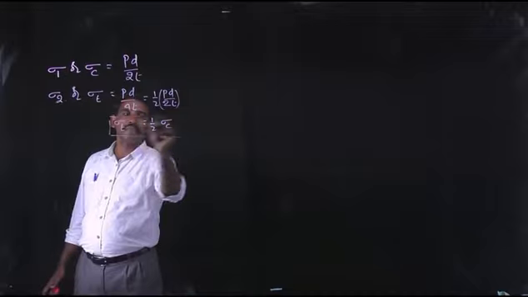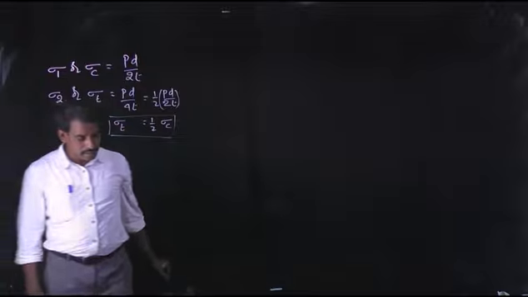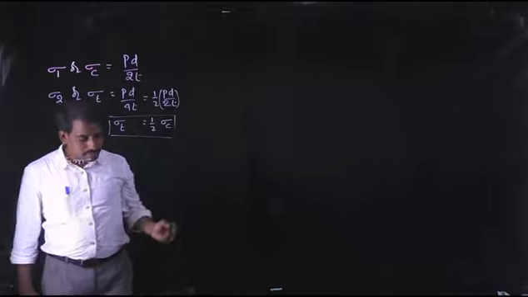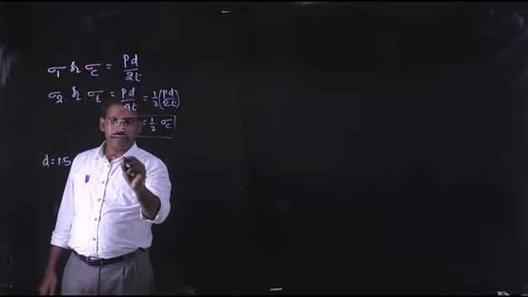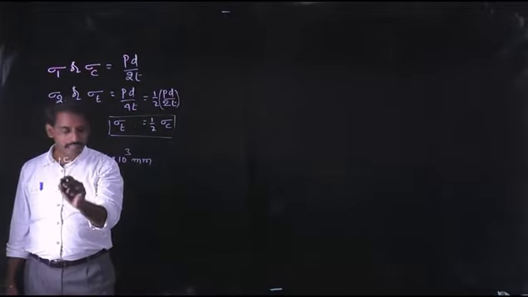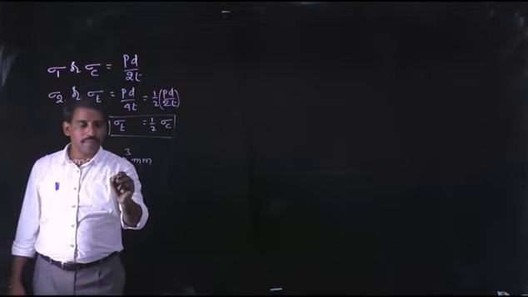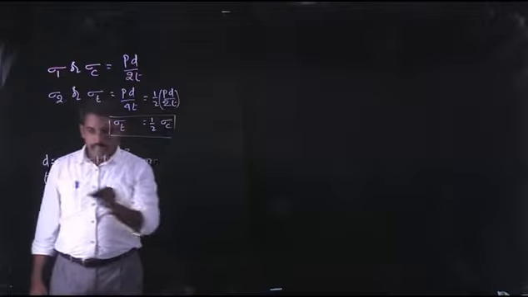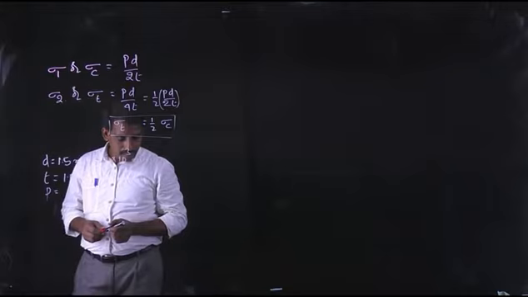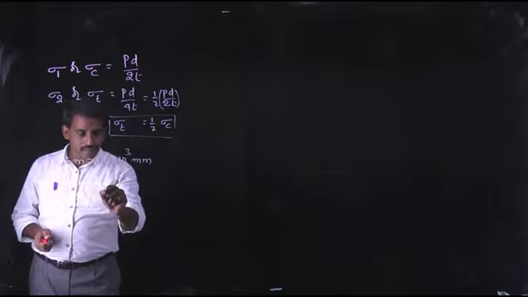We know that, as per the given data, the diameter of the pipe is 1.5 meters. It is converted into 1.5 into 10 cube mm, and the thickness T is equal to 1.5 centimeters, that becomes 15 mm, and the pressure P is equal to 1.2 Newton per mm square.